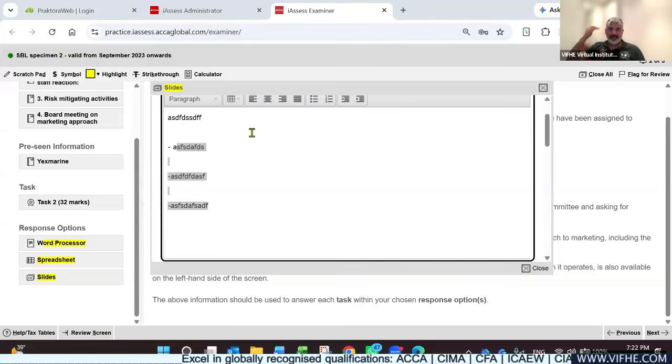We calculate the number of points based on marks, right? So it depends on the slide. It can be 3 points, 4 points, or 5 points per slide, depending on the marks. Is that clear?